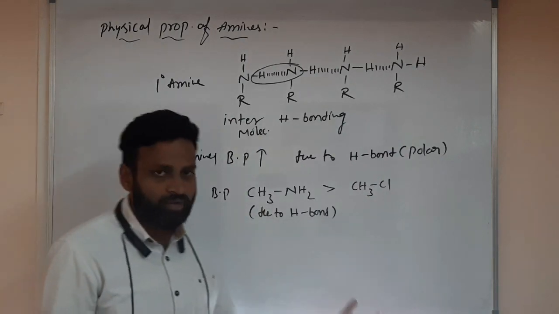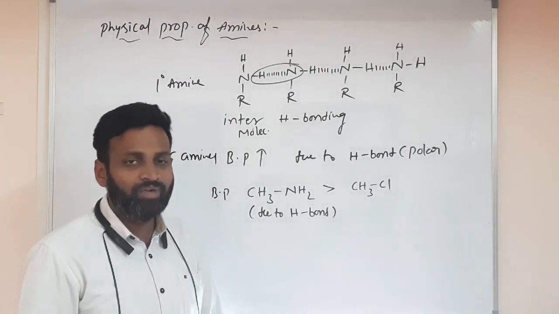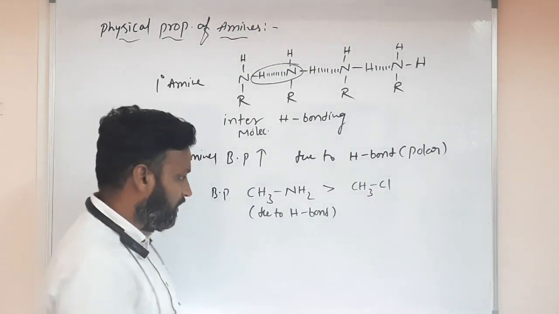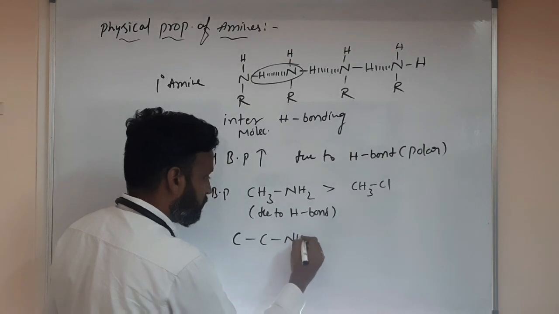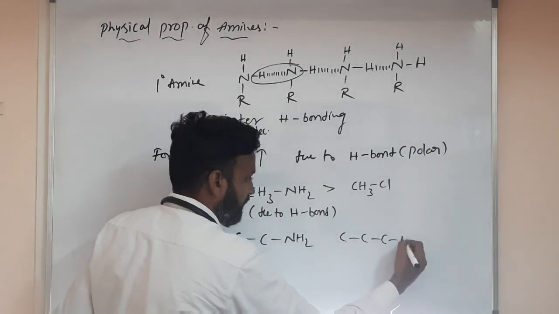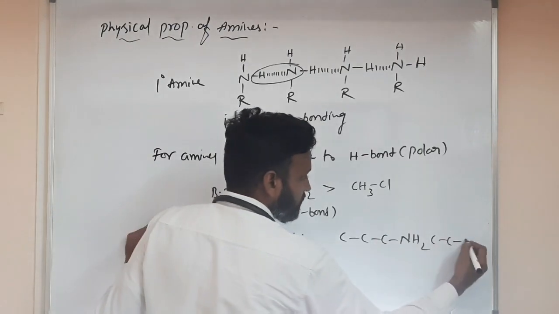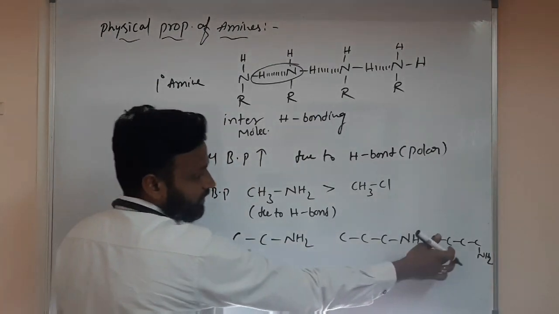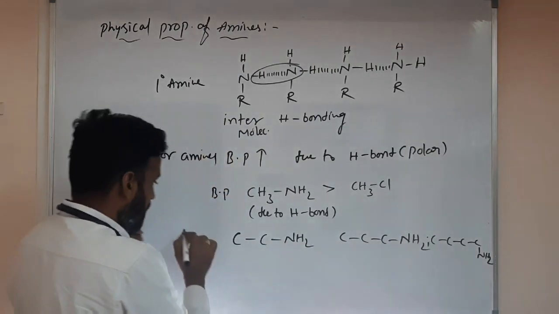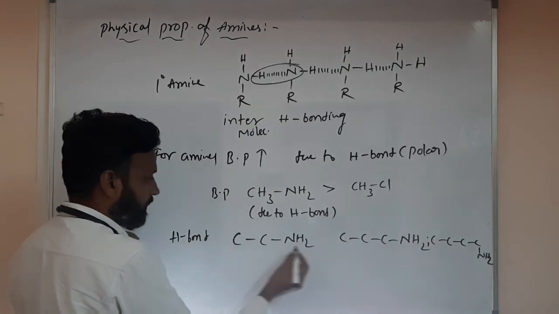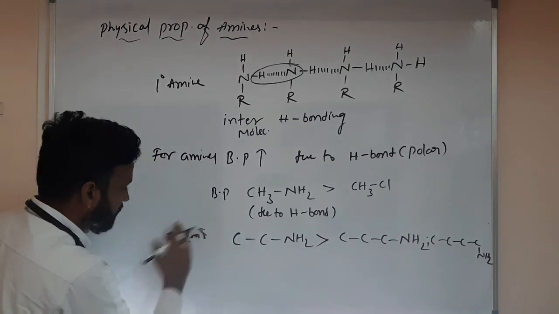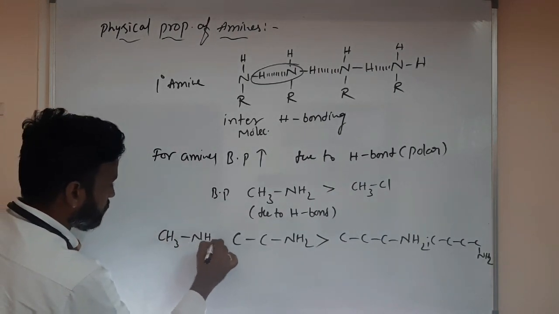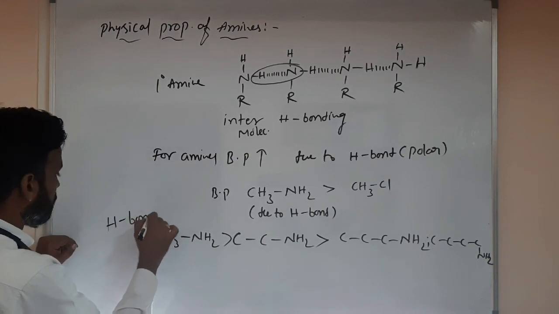Of course, as molecular weight increases, boiling point increases, even though hydrogen bond strength decreases. As the number of carbons increases, the boiling point is higher, even though hydrogen bonding is less. Hydrogen bond formation is greater for CH3NH2 with one carbon, which has more ability to form hydrogen bonds.